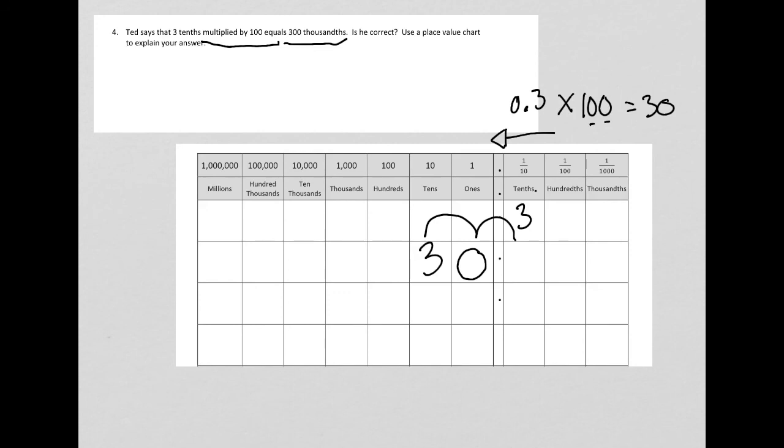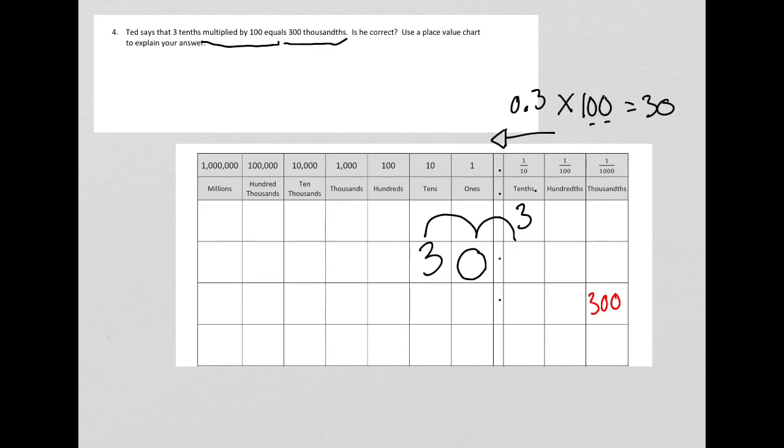So 3/10 multiplied by 100 is 30. He's saying 30 is 300 thousandths. So he's reading it in a different form. I need to write 300 thousandths in standard form. So let's write that out. 300 thousandths, meaning that 300 would fit in the thousandths place, but we know we can only put one digit in each place value chart.